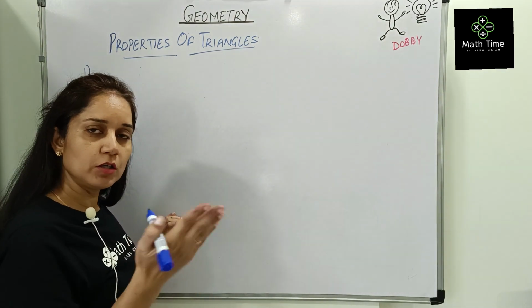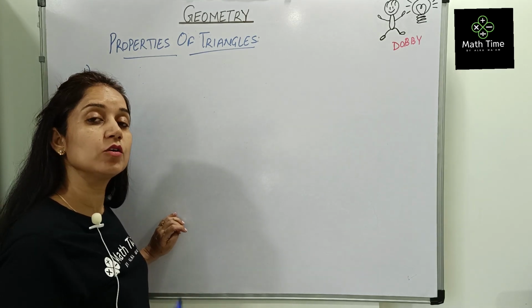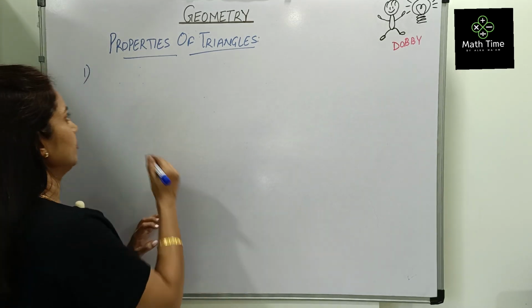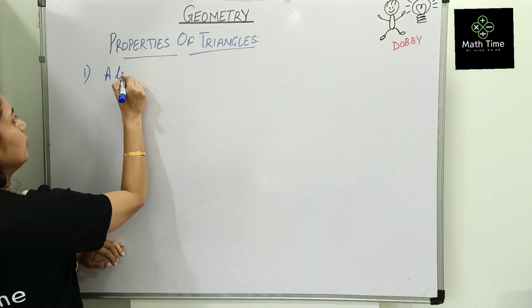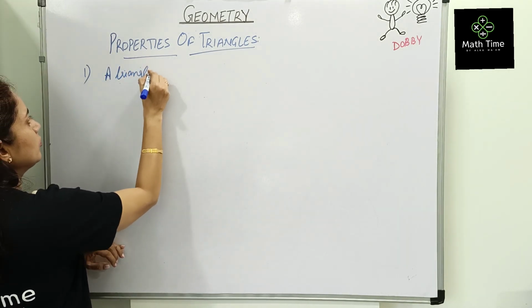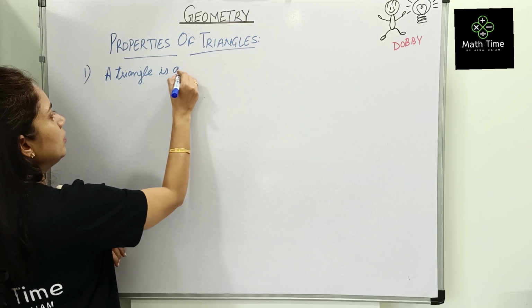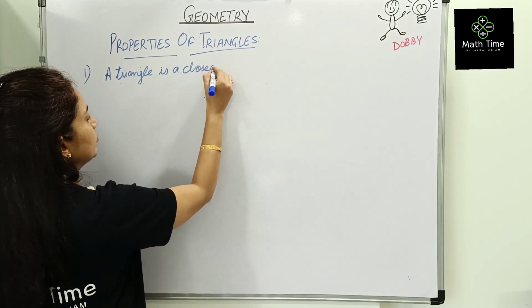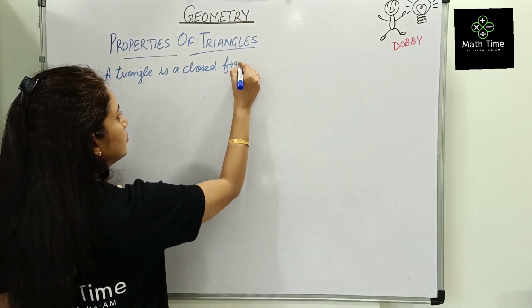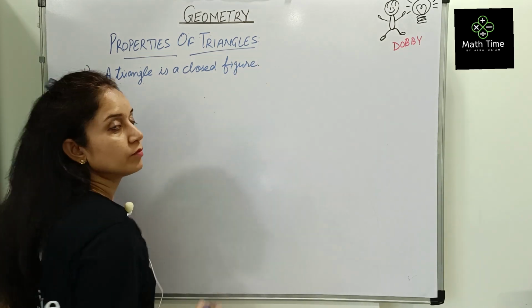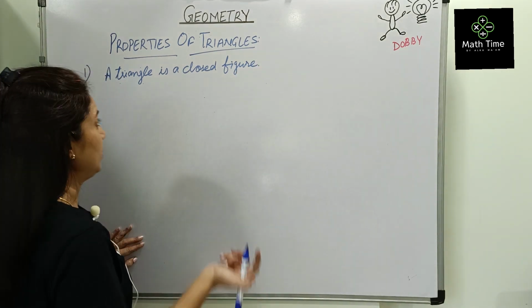Three sides, all closed, made up of straight lines. So it is a closed figure called a polygon. A triangle is a closed figure made up of three lines, so it is called a polygon.